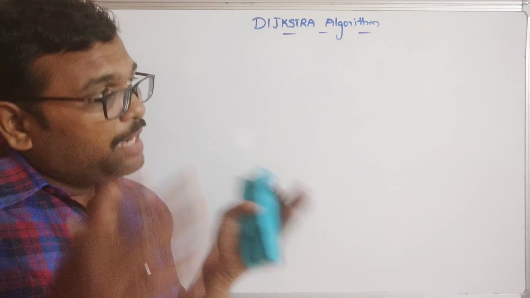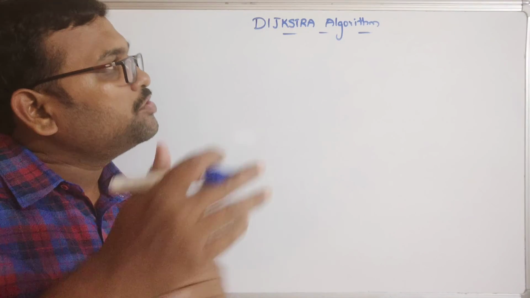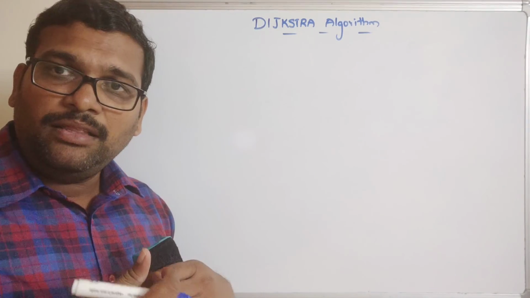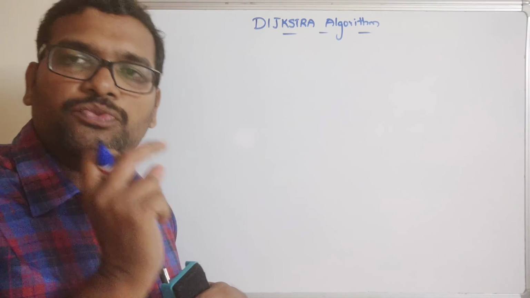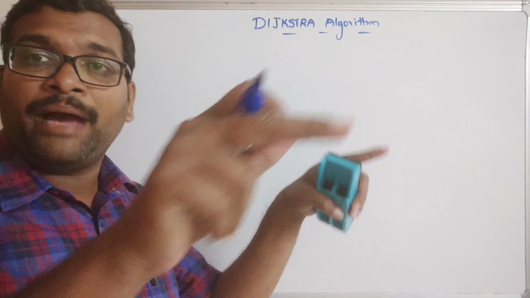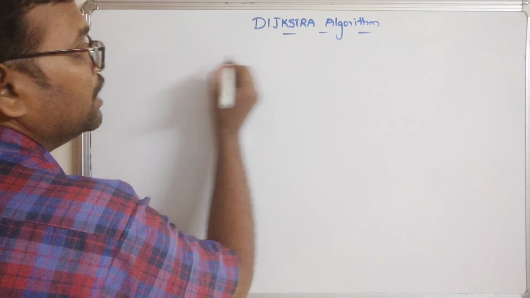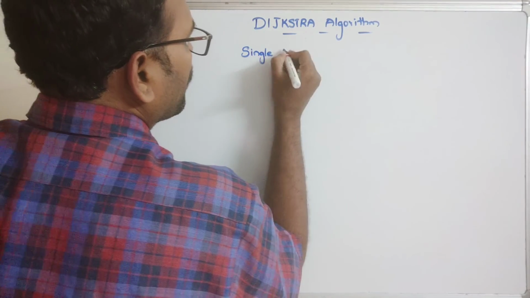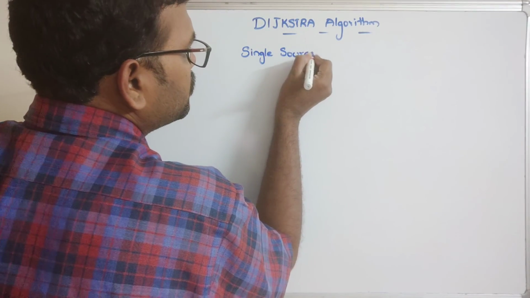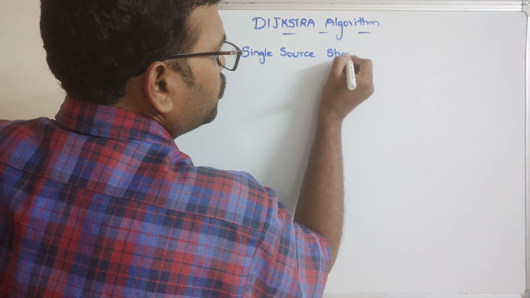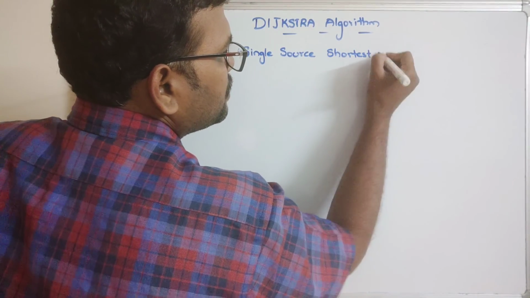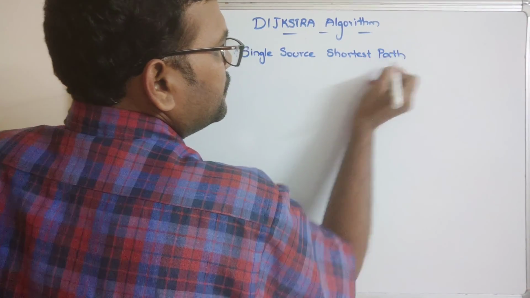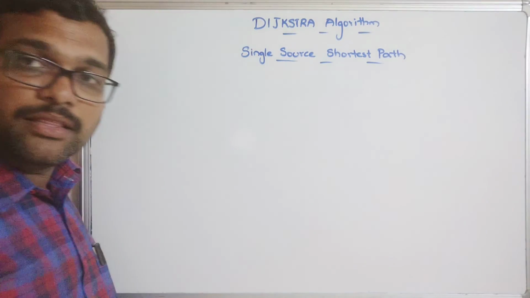So for that particular graph, finding the shortest path from the source node or source vertex to all the remaining vertices is also called single source shortest path.